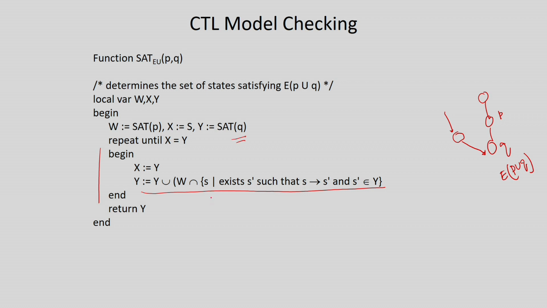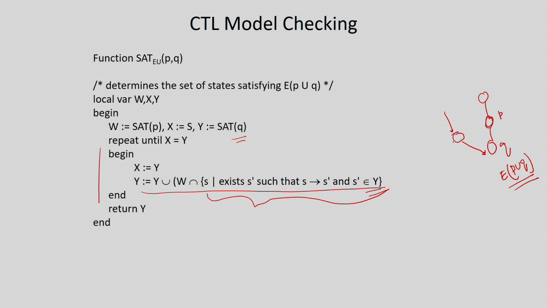Along with that, we are going to collect those states such that there exists S dash where we have a transition from S to S dash, and S dash belongs to Y. What is that Y? Y is nothing but the satisfaction of Q, or maybe the set of states where P until Q is true.